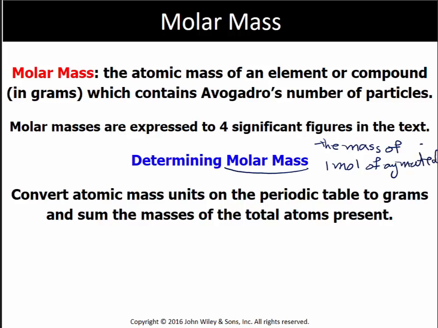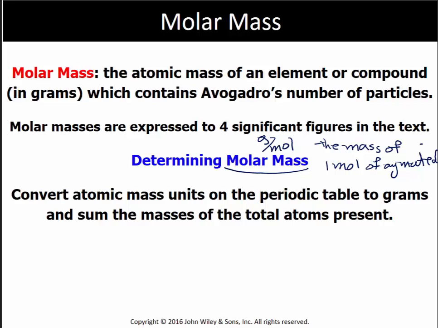Now, the unit for molar mass is grams per mole. The mass of individual elements, their atomic masses, I say atomic mass because they're individual atoms, are already given in the periodic table.